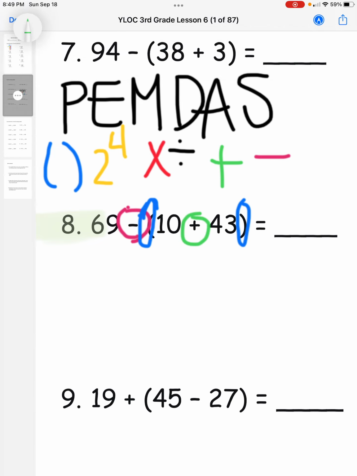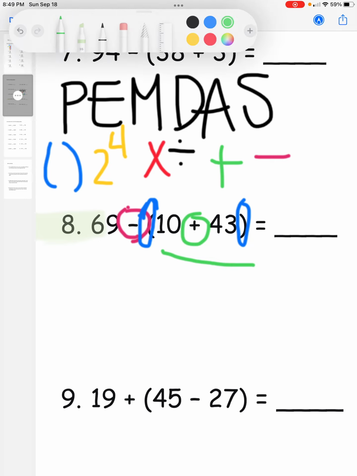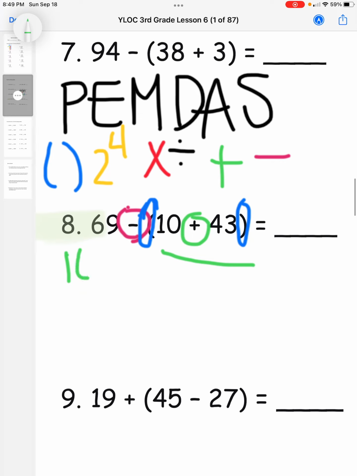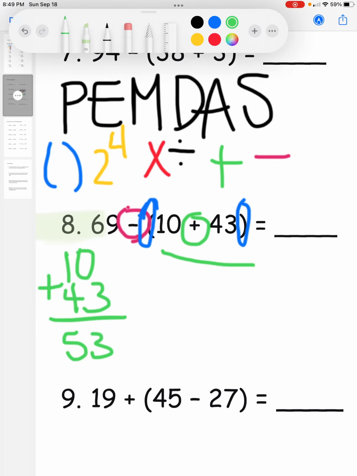If you have parentheses and a symbol on the inside, it's telling you to solve that symbol first before you solve the next one. In this case, they want you to do addition first. So let's add 10 plus 43. You get 53.